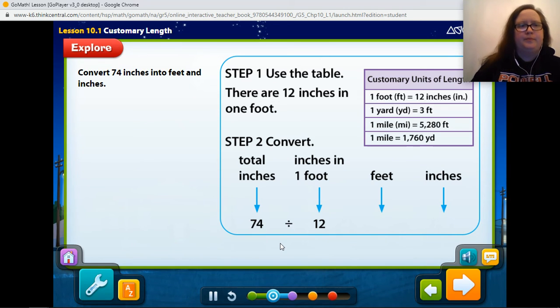You use division when converting a smaller unit to a larger unit. To convert 74 inches into feet, first determine how many groups of 12 you can make from 74. 12 divides into 74 evenly 6 times with a remainder of 2. You are left with 2 inches after dividing by groups of 12. So 74 inches is equivalent to 6 feet and 2 inches.